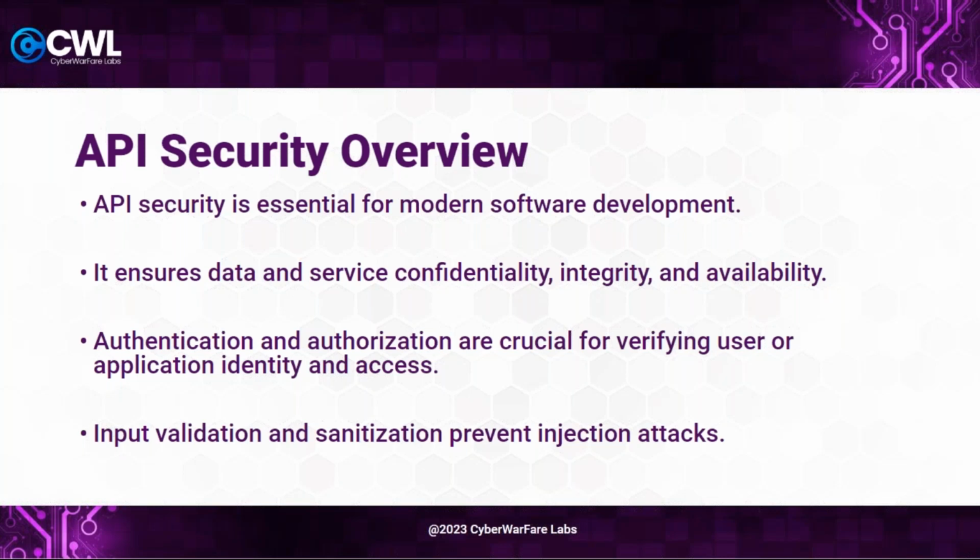And authorization, on the other hand, defines what actions or resources a user or application can access once authenticated. Together, these mechanisms enforce proper access control and minimize the risk of unauthorized access or data breaches.